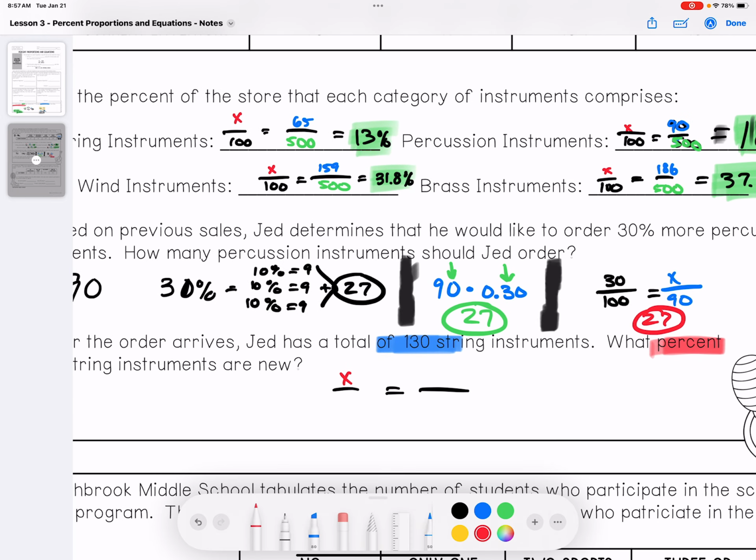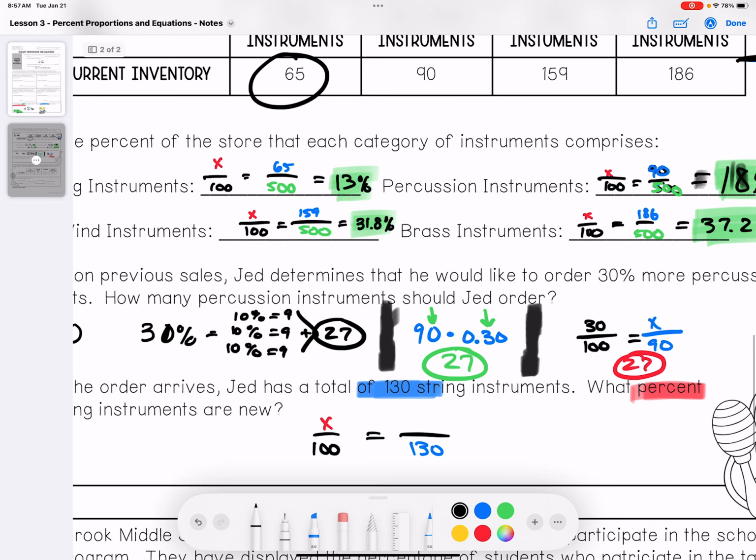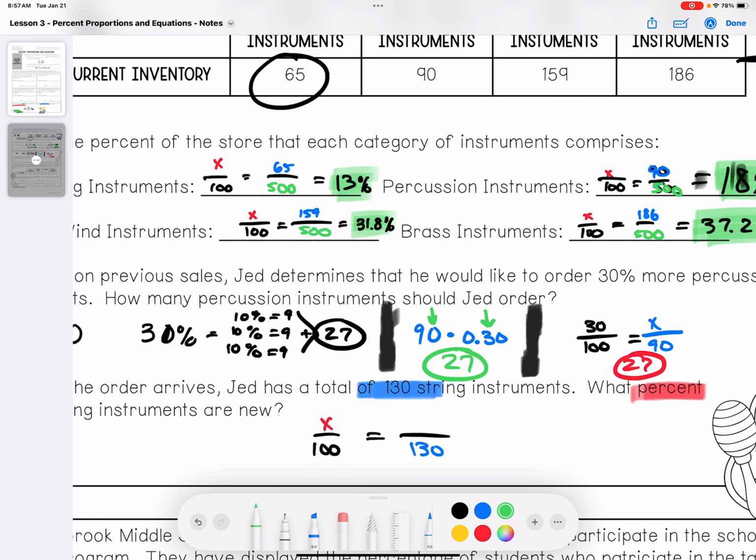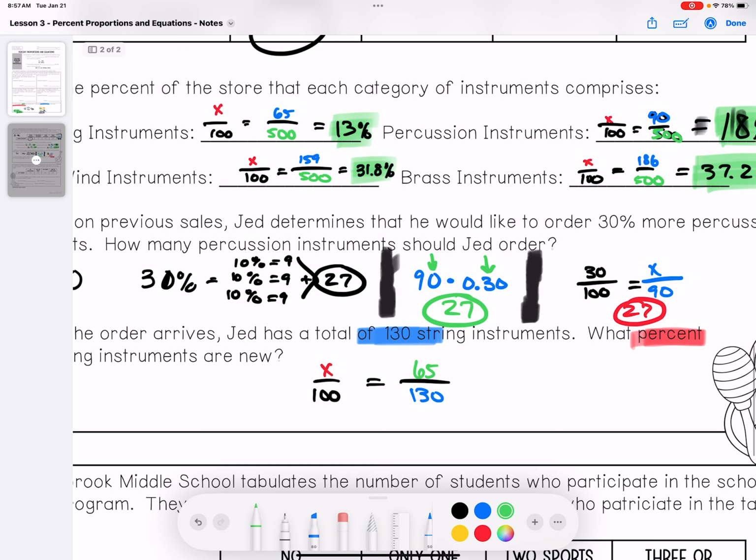What did he start with? 65. So he started with 65. Now use your method of whatever you want and solve that problem. You can use butterfly or scaling, whichever one you like. Pausing now.